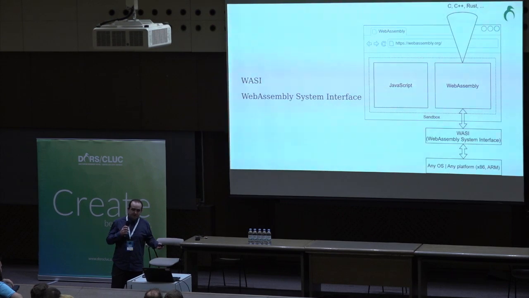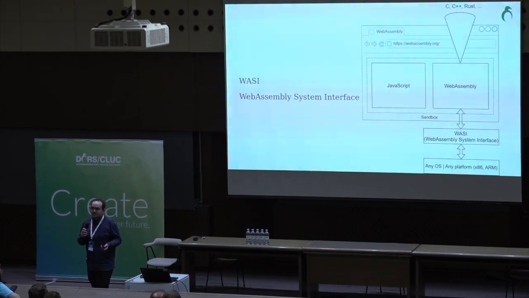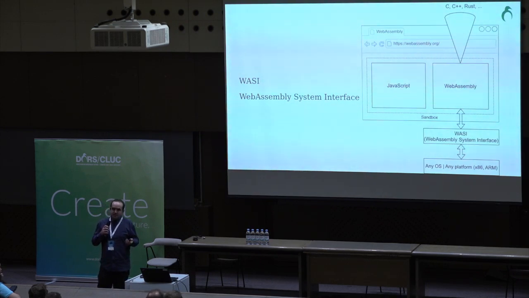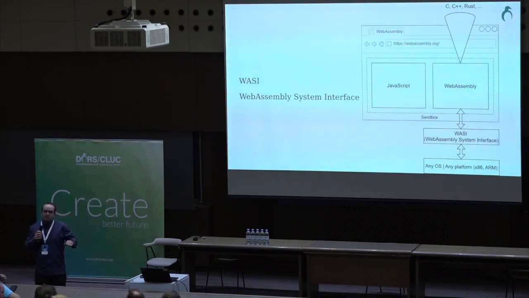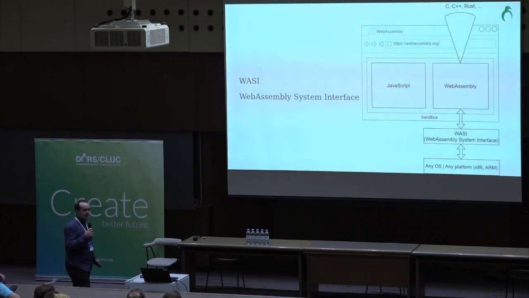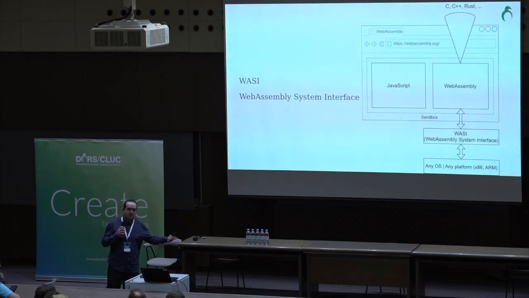The compilation target is WebAssembly, and it communicates with APIs that are the WebAssembly System Interface. These APIs allow me to communicate with any host, any operating system. So WebAssembly can run on any operating system. That's the idea behind the WebAssembly System Interface. Any operating system, any platform.